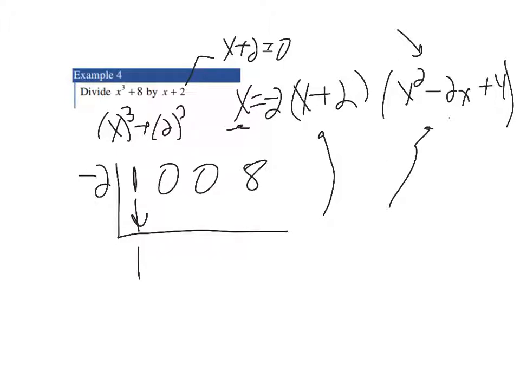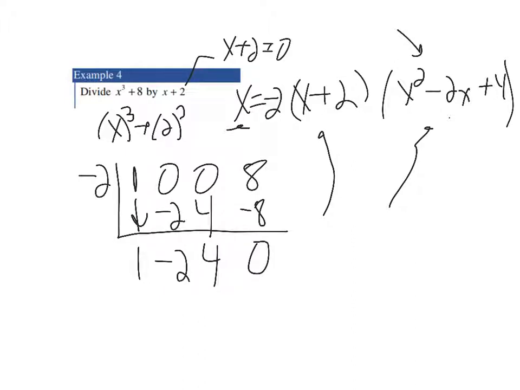Now I'm going to multiply 1 times negative 2 is negative 2. Add those terms. Negative 2 times negative 2 is positive 4. Add those terms. 4 times negative 2 is negative 8. We get a remainder of 0.